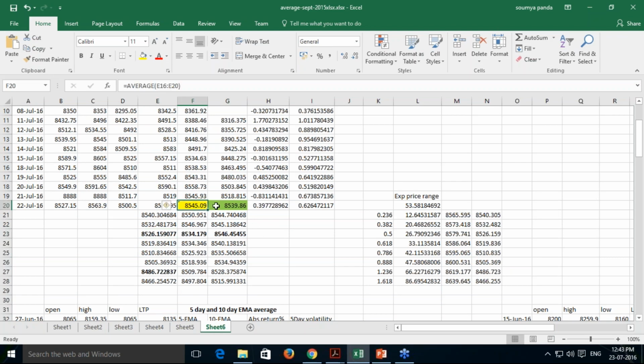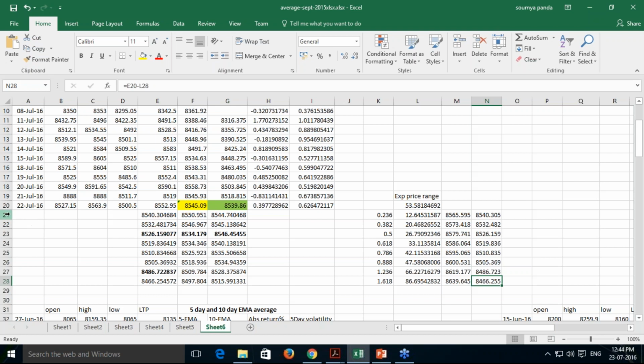The moving average has changed its direction. Once it is changing its direction, you are expecting 8466, the maximum it can come as per these Fibonacci levels. So this is how you should understand this particular method.